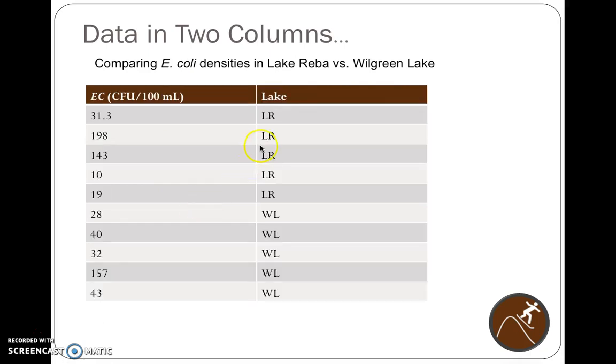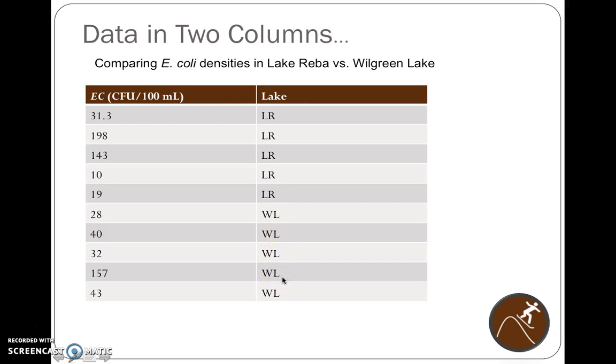The other way is you could have a code. So you have all the E. coli data on the left, and then you have a variable like lake name, and then it's LR, LR, LR, LR, LR, and then down here, these are the Will Green Lake ones, WL. You could also change this to being Lake Reba, and then coding these as 1, 1, 1, 1, 1, and then Will Green Lake, not being Lake Reba, as being 0, 0, 0, 0, 0, 0.